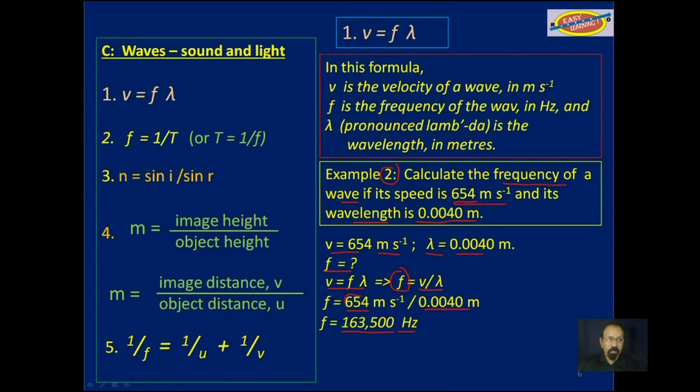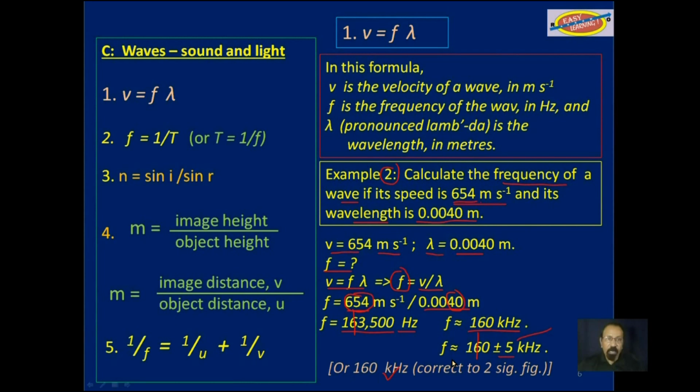Obviously, we have 3 significant figures here, 2 here, so we will have to round off to 2 significant figures, and we get 160,000 hertz, make it 160 kilohertz. Better still, since we are rounding off at this position, we take half of the tens position, which would give us plus or minus 5. This is also correct, but we will use that format for our answer.